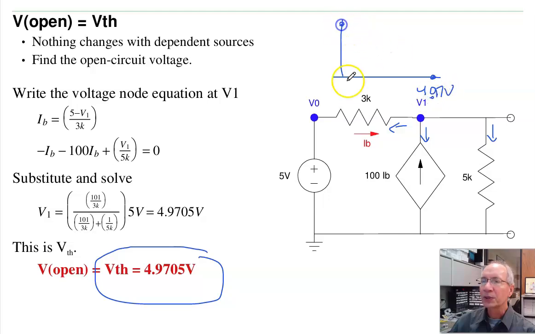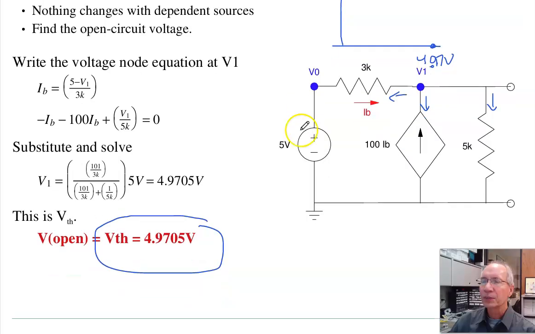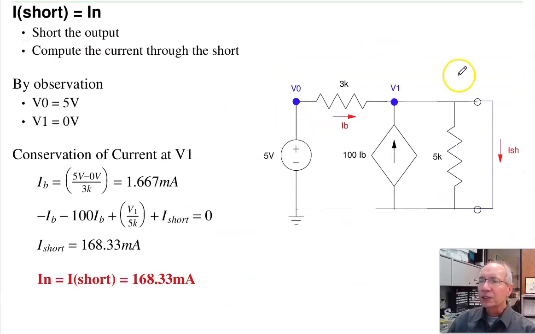Next, let's find the short circuit current. Take the circuit and short it to ground. Now find this current. Well, by observation, V1 equals 0. I just shorted it, so this current is 0. Currents have to balance. IB is just 5 minus 0 over 3K.